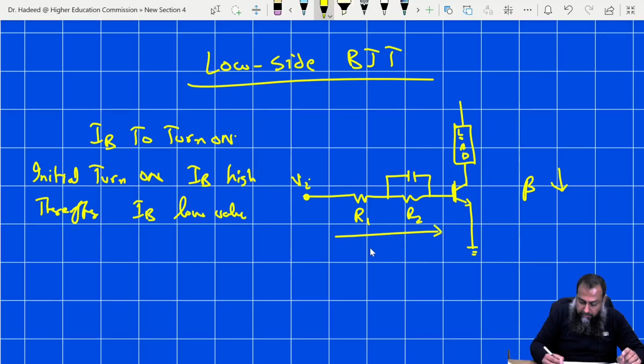So here we have the IB that flows through R1 and R2, and consequently becomes the base current of this transistor that we want to turn on.